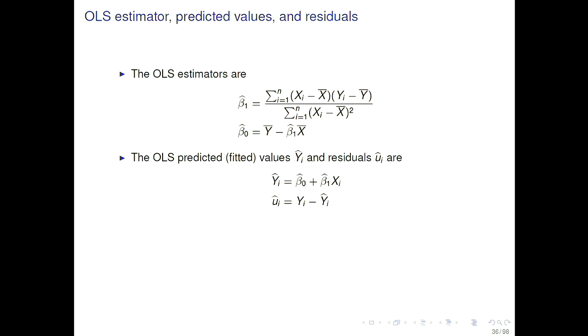Now, one of the reasons that we want to estimate this OLS estimator is because when we have a new value of x, we want to predict the left-hand side variable. So suppose xi. Here, we are using some random variable that we observe in our sample.